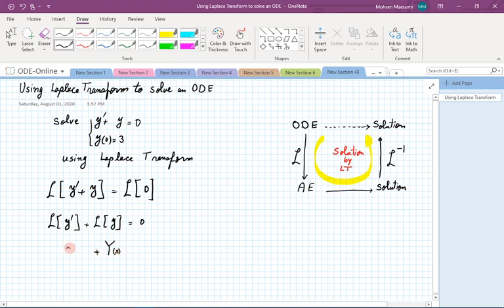But how about this one? What is the Laplace transform of y prime? If we manage to show there is a simple connection between this and that, then the process is going to be started. And that is essentially the magic of Laplace transform: the Laplace transform of a derivative is shown to have a simple connection to the original function itself. That's what is going to bring us here.